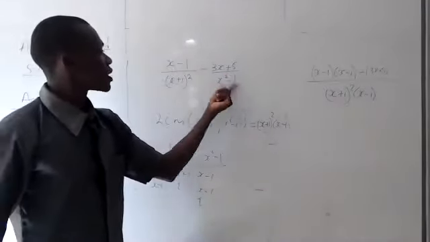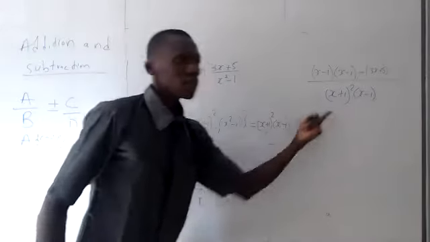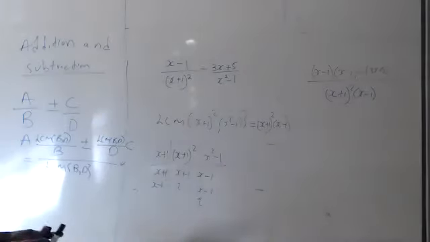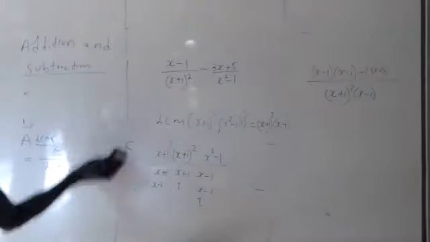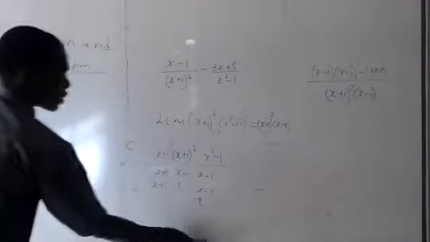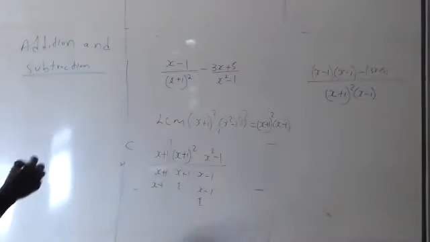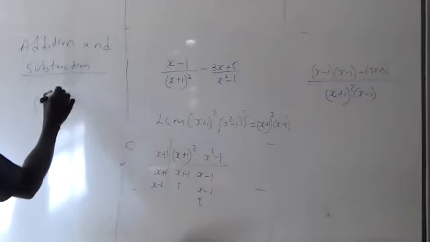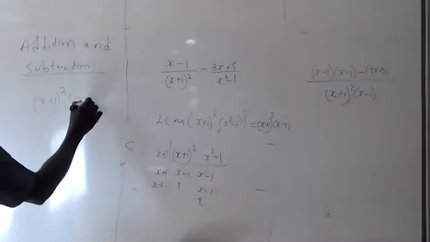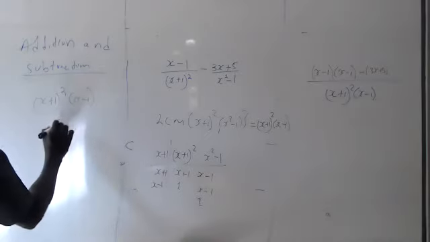So how many times does x squared minus 1 divide this LCM? That's not a trivial question. So you need to compute x plus 1 squared times x minus 1.